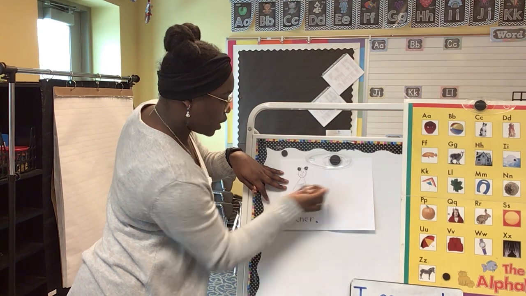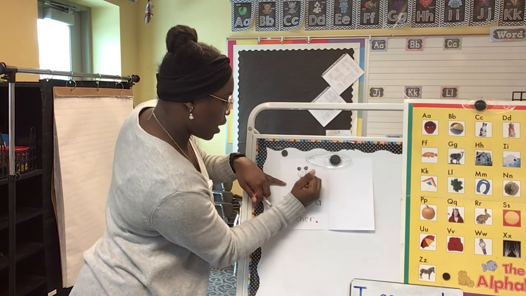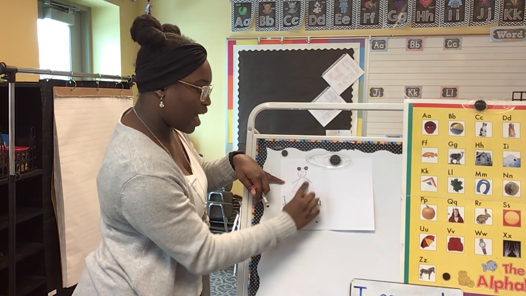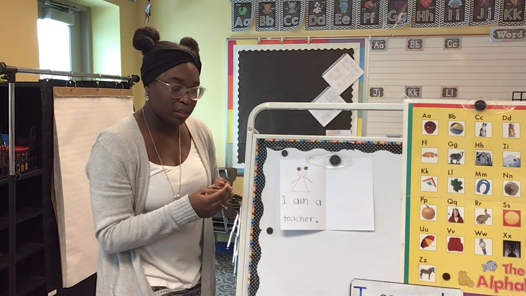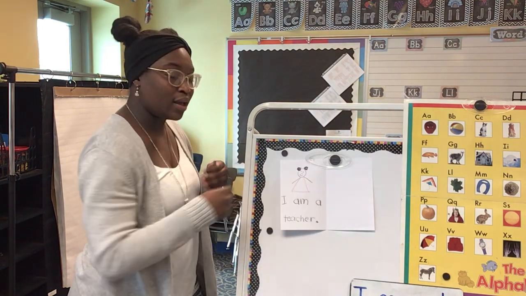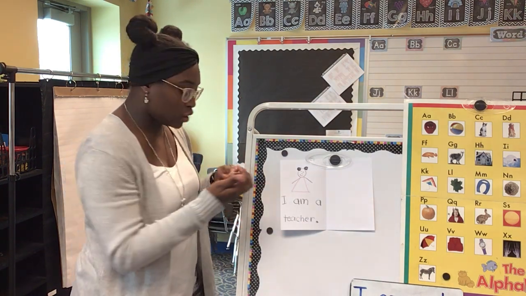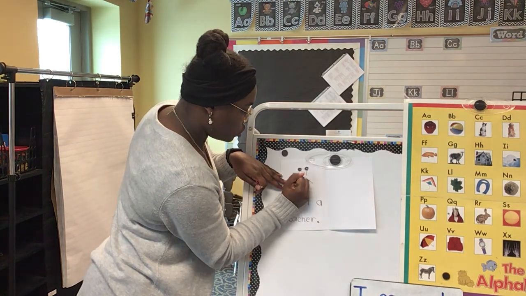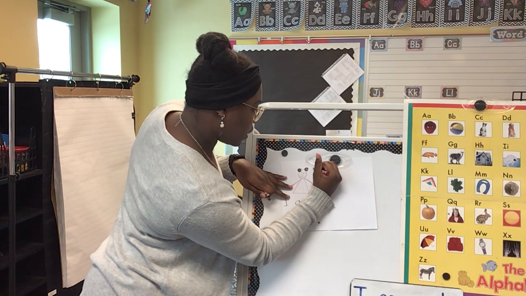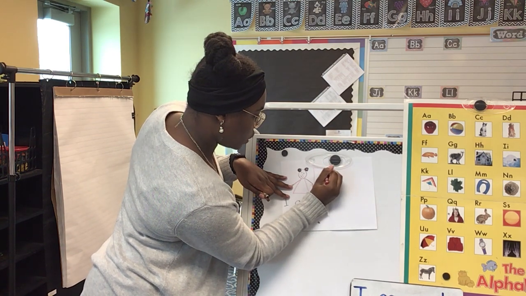Okay? And I'm going to continue adding on. And I need to make something in my picture. I need to add something so people know that I'm a teacher. So maybe I'm going to make the alphabet chart. I might do that. That way someone could tell that I'm a teacher. I'm not going to make the entire alphabet.